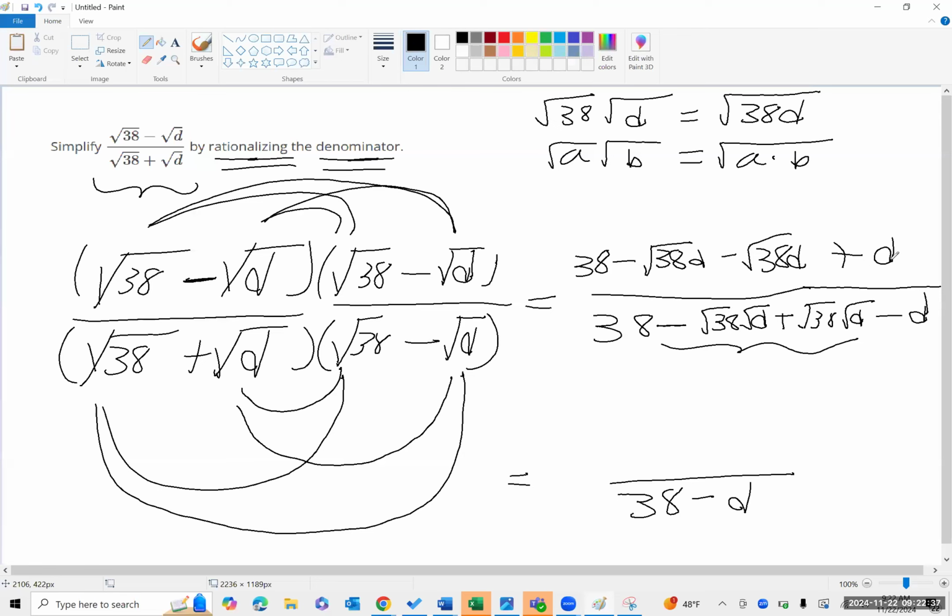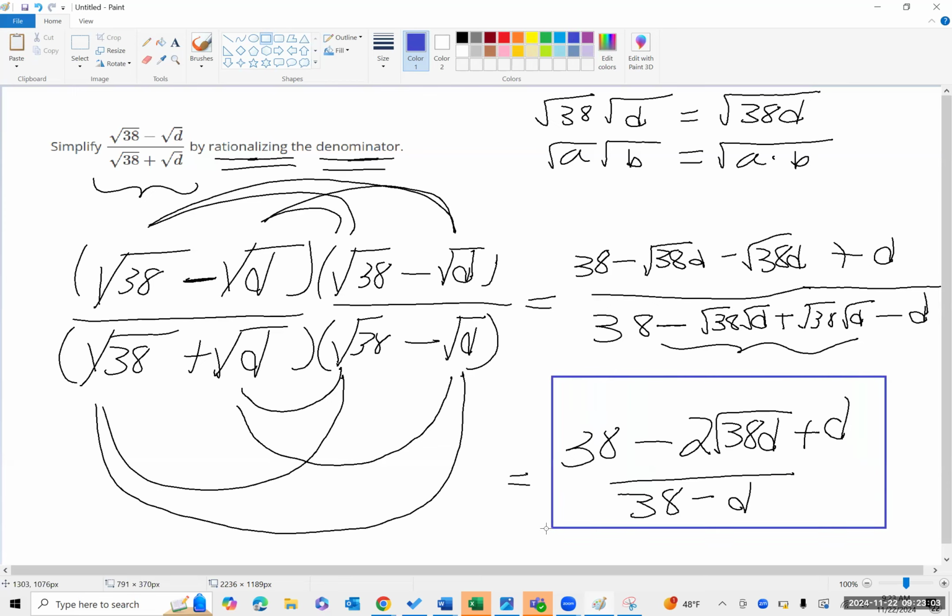You get rid of some of the square roots, but ultimately you're still left with two root 38d's plus d. So this should be an acceptable way to submit your work in that format.